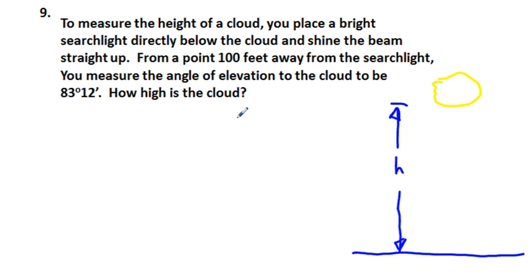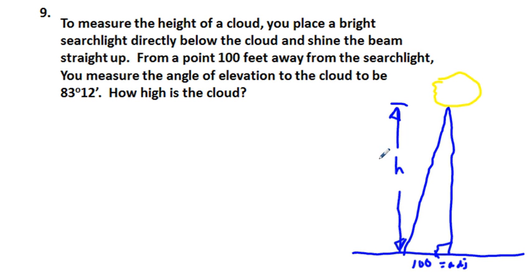And we have an angle of elevation. So here we have an angle of elevation going up to the cloud. And to complete our triangle, we drop a line perpendicular to the ground like this. There we go, we made our right angle. And this is going to be 100 feet down here, which is going to be our adjacent side.